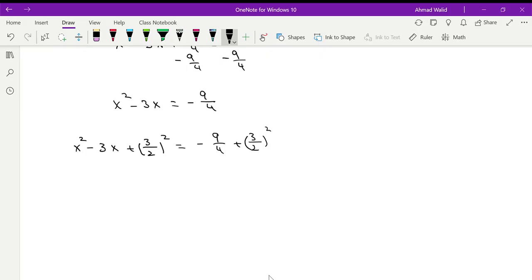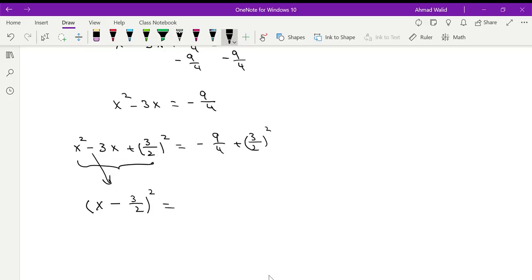Correct? From here to here is a perfect square trinomial. Square root of the first term, sign from the second term, square root of the last term: x minus 3/2, all squared. I am in a pre-calculus class, so I am not explaining why. You can see it. You have enough algebra to understand.